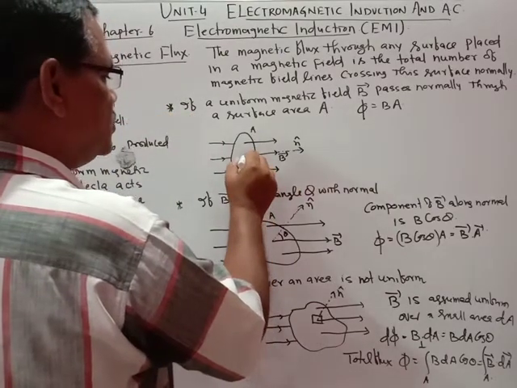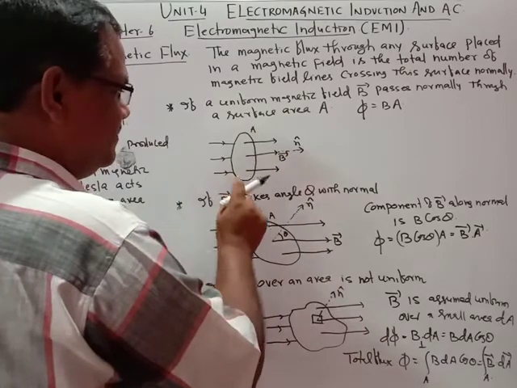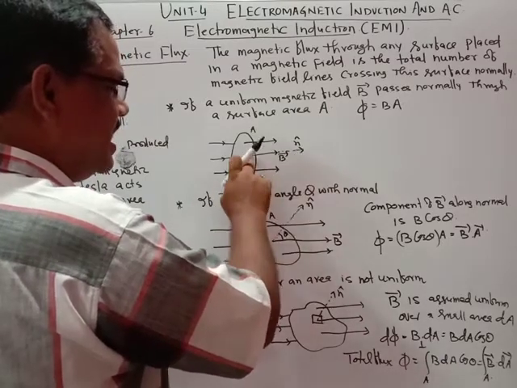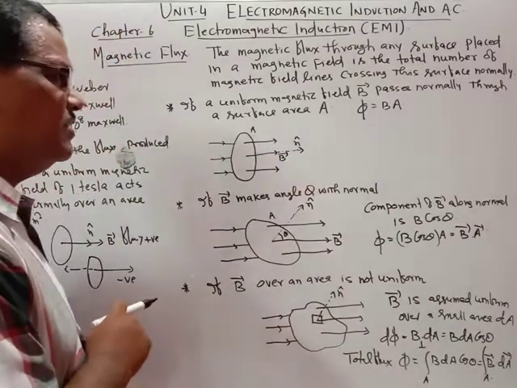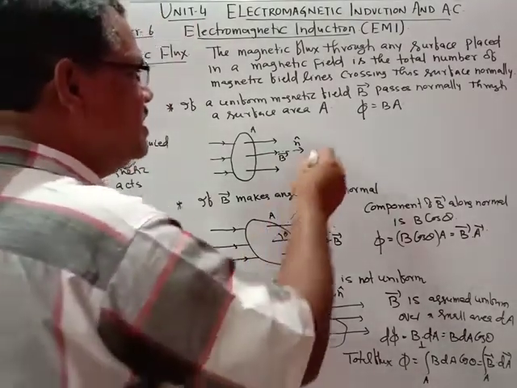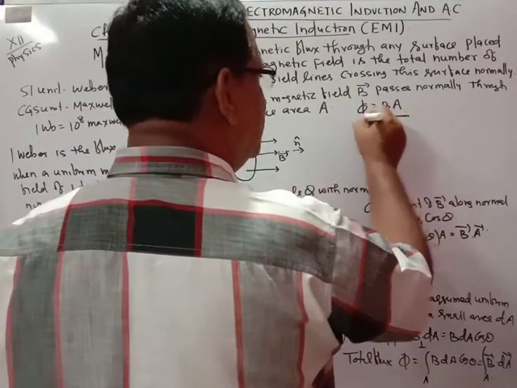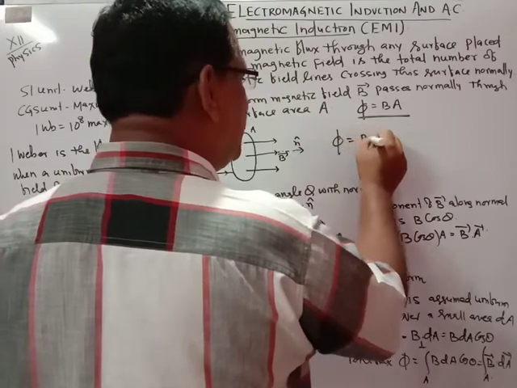In this case the B vector and the normal to the area are in the same direction, so the magnetic flux linked to the surface area is B into A. That is, phi equals B into A.